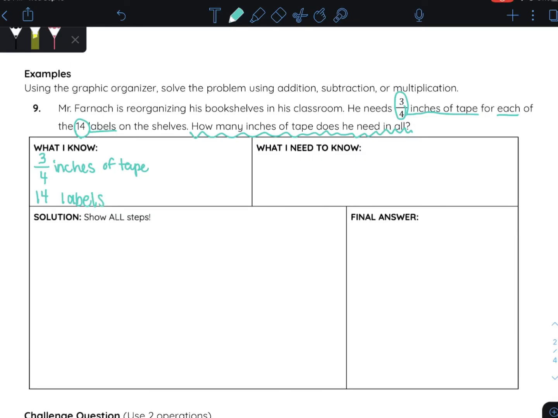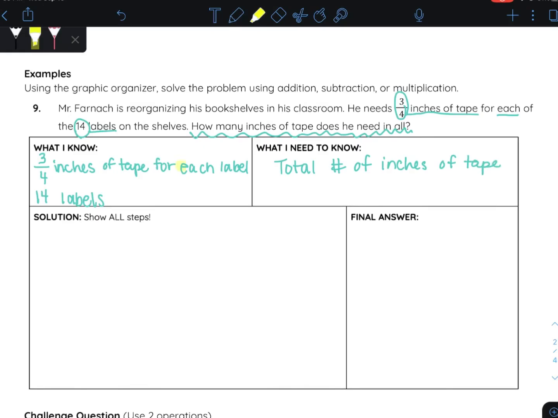And I missed this word here, each. It says 3/4 inches of tape for each of the labels. So I'm going to add that in, 3/4 inches of tape for each label. And now the question is to find the total number of inches of tape.